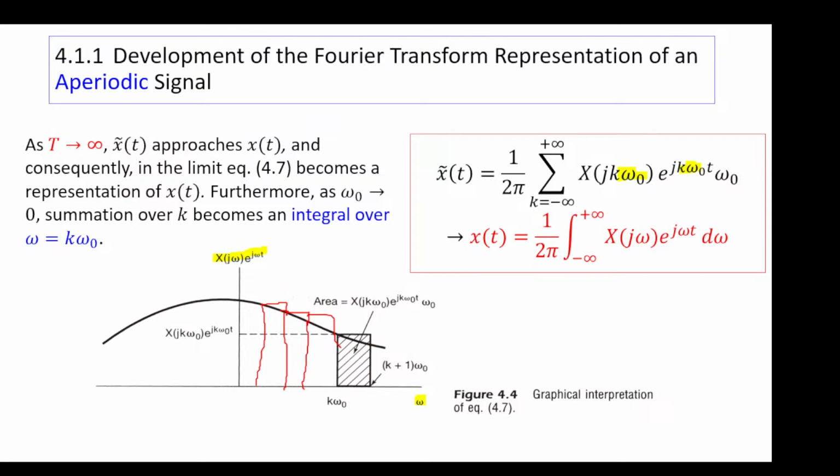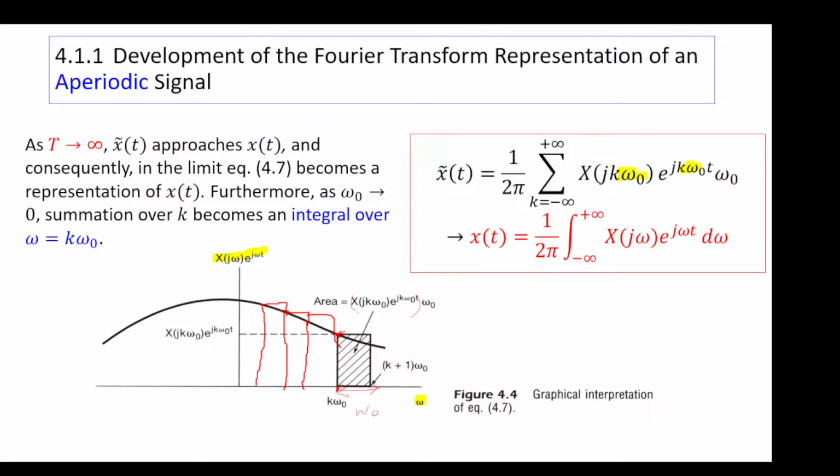So we have k omega naught here, right? So the height at this point will be big X of j k omega naught e to the j k omega naught t. And this is the height, and this is the width, right? So the width is omega naught.